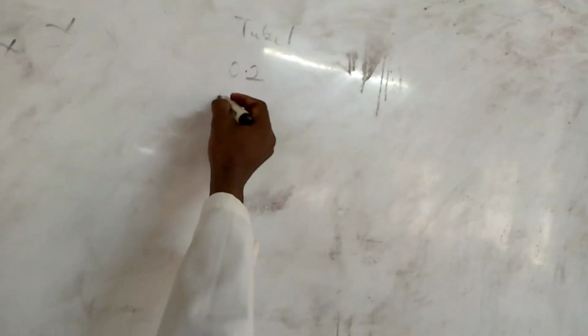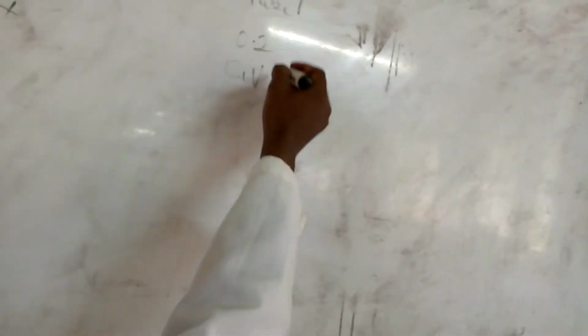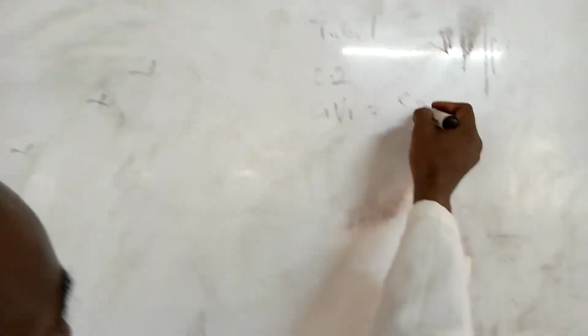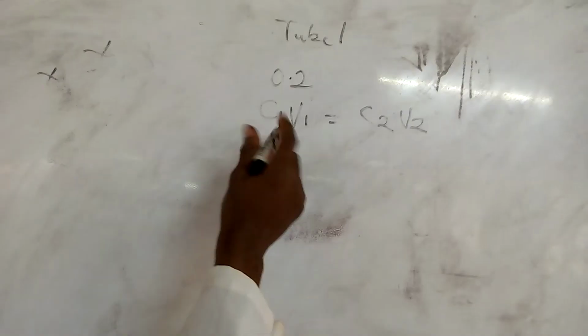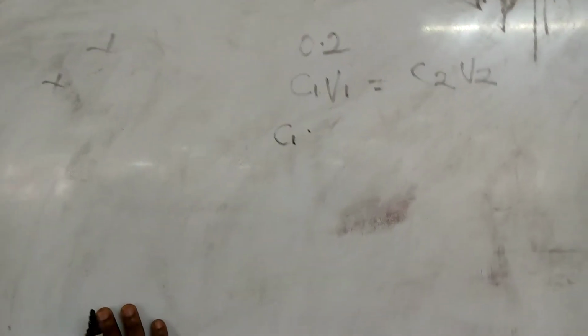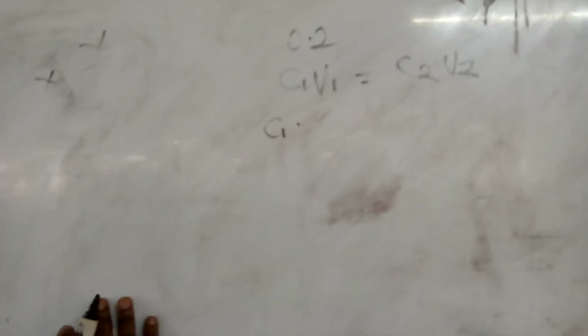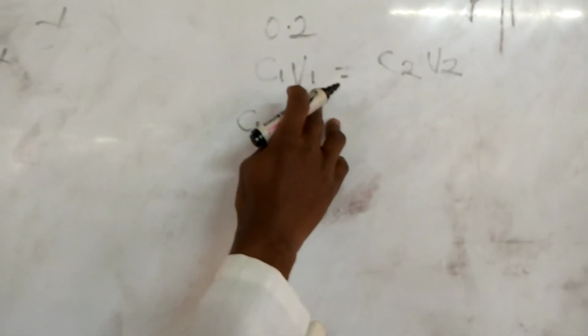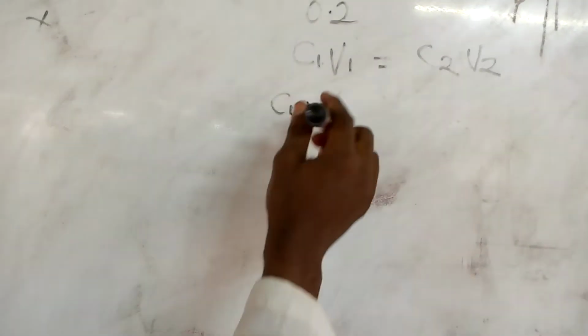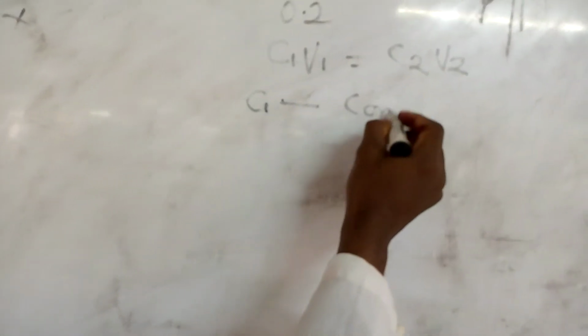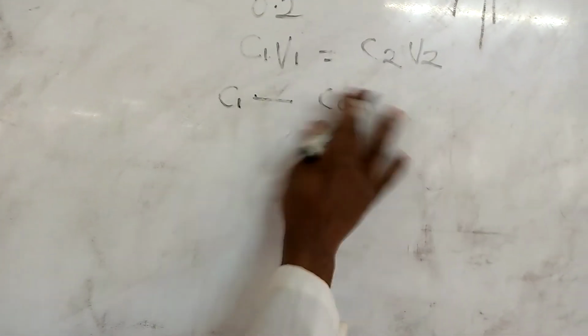So we can use a formula that we call the dilution formula: C1V1 equals C2V2. Where C1 is the initial concentration of your amino acid, and V1 is the volume that was taken from your amino acid.